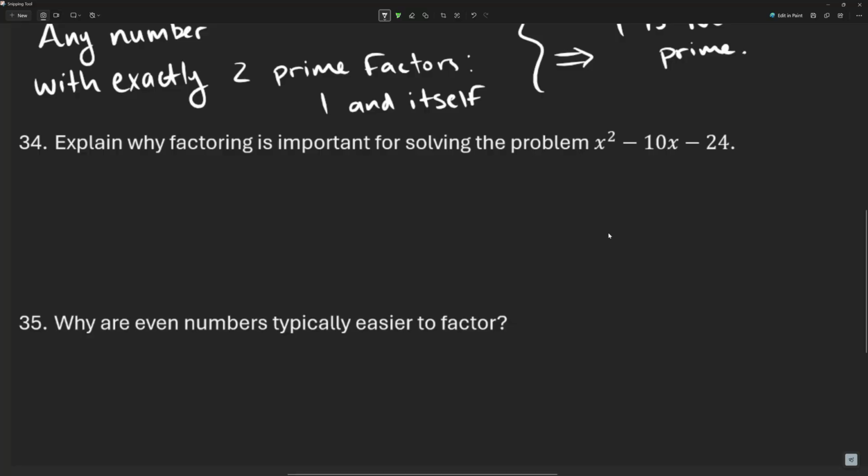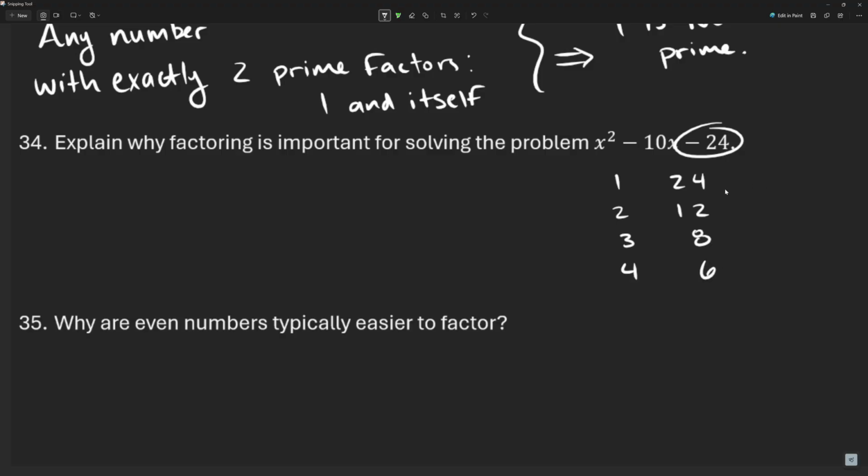Number 34 is really hard. I'll help you out with one thing. You need to be able to factor this negative 24. So you need to be able to say 1 and 24. You need to know that 2 and 12. You need to know that 3 and 8. You need to know that 4 and 6.